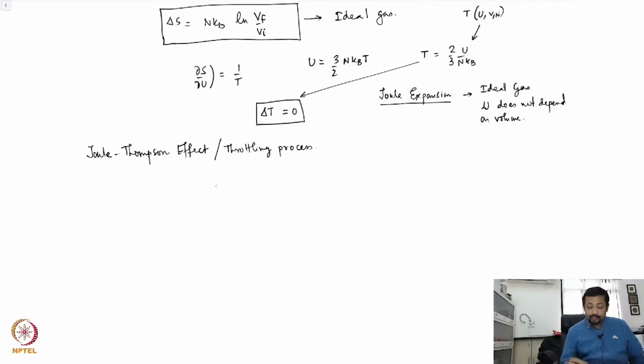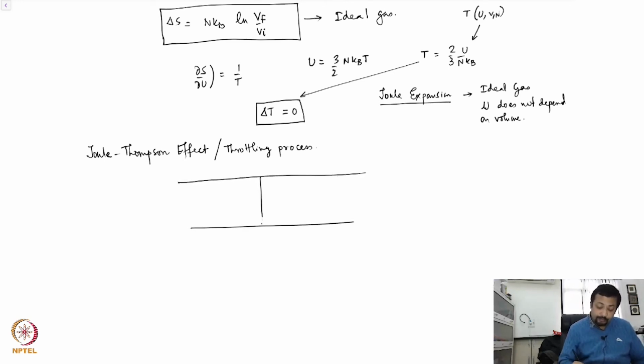And the setup is as follows: you have two chambers which are divided by a porous media which allows for the gas to pass through. On this side of it, you have a piston, and on this side of it you have another piston.